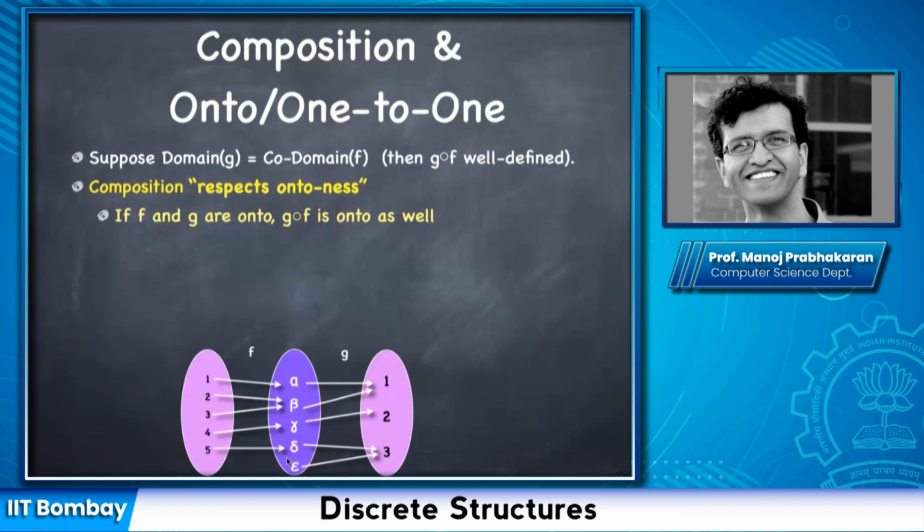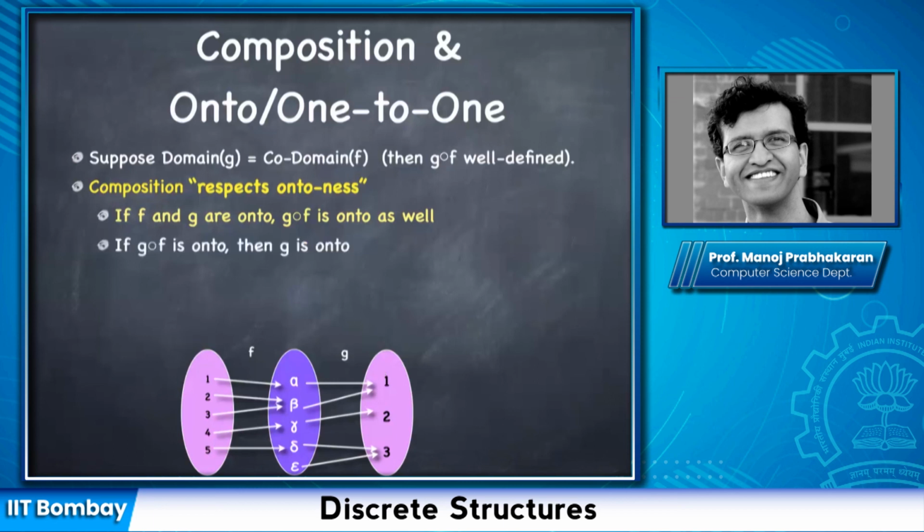F is not onto. Thankfully, it did not affect G of F. This element didn't matter. But it shows you that even if I tell you that G of F is onto, I cannot say F and G both have to be onto. So what I said here is that if F and G are both onto, then G of F is onto. The converse doesn't hold.